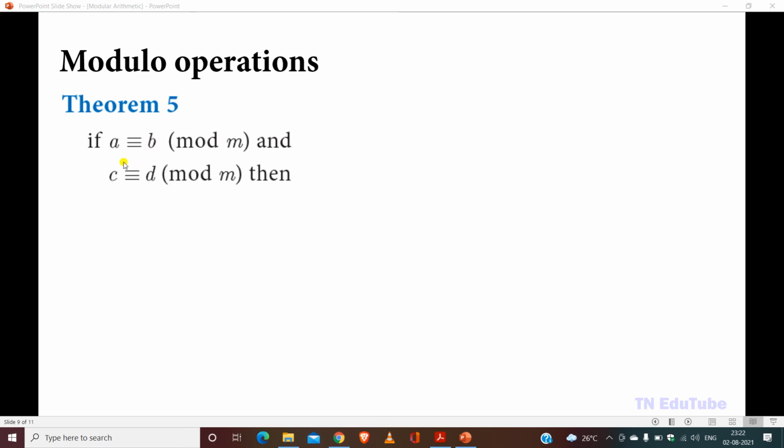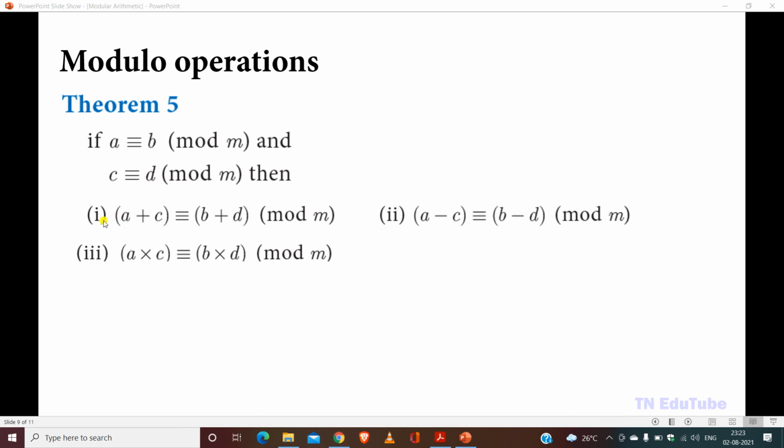Then modulo operations. Two theorems will be there. We can apply the theorem for doing problems. So children, carefully you have to learn the theorems. Only the statement. If a is congruent to b mod m and c is congruent to d mod m, then we can consider these as two equations and add the left hand side and the right hand side.